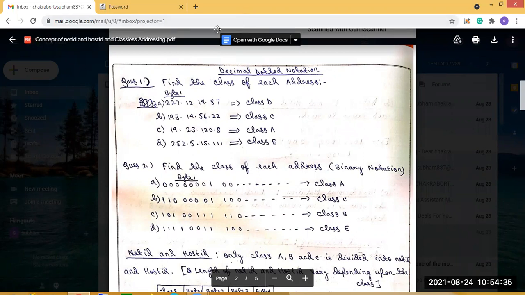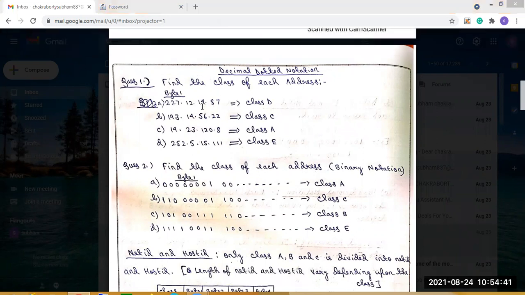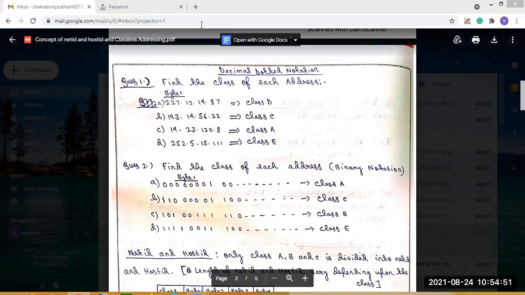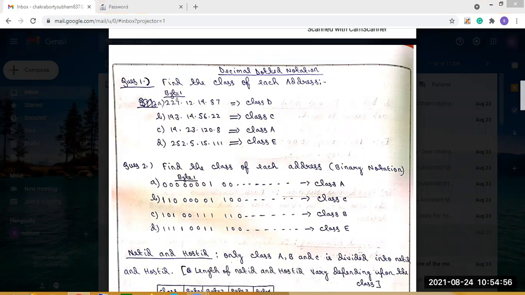The first example is given in the dotted decimal notation, so we have to check the first byte.